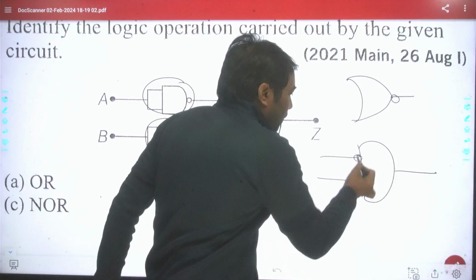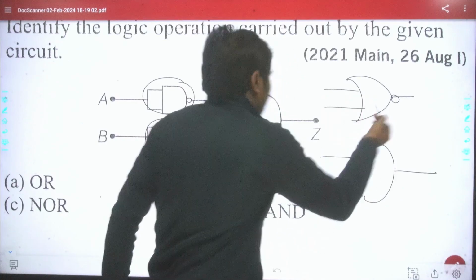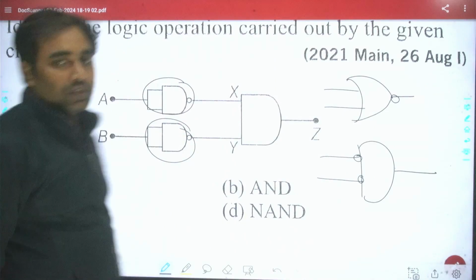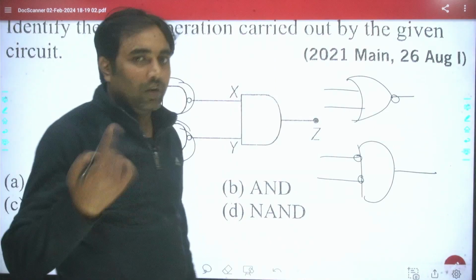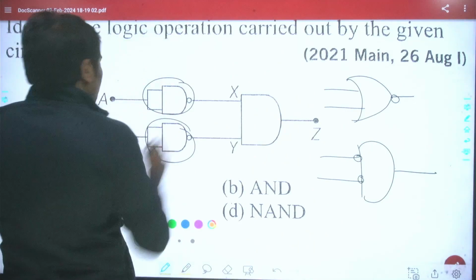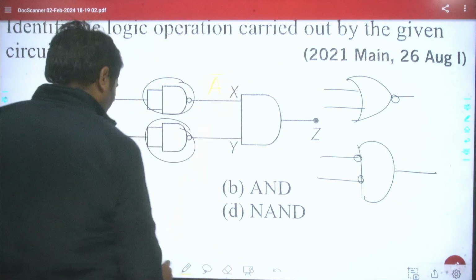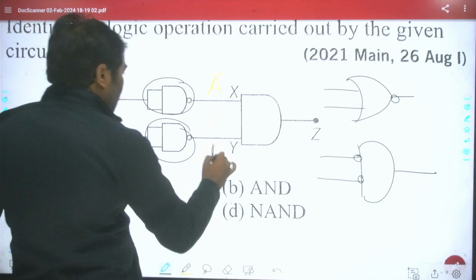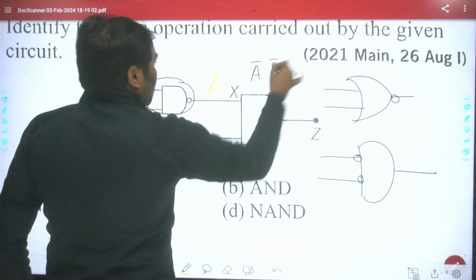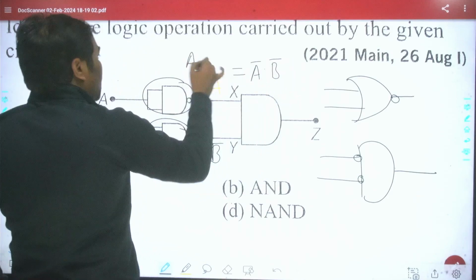The input side bubble is removed. Just simply NOR. And if you want to apply the conventional method, then you can go through A bar, and this A bar. We get A bar, which is also written as A or B.